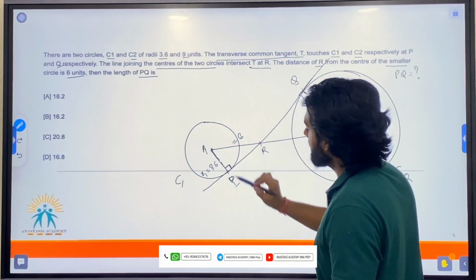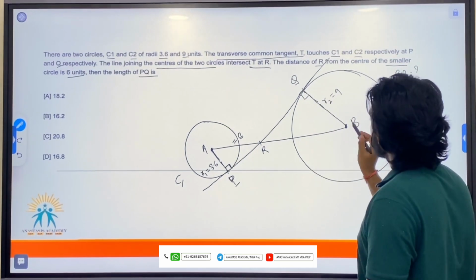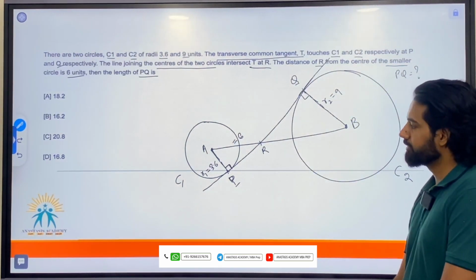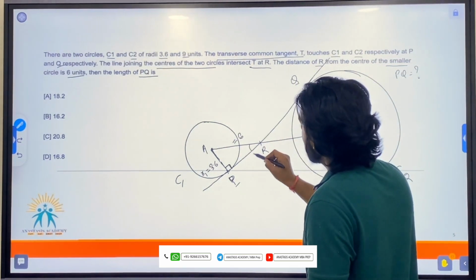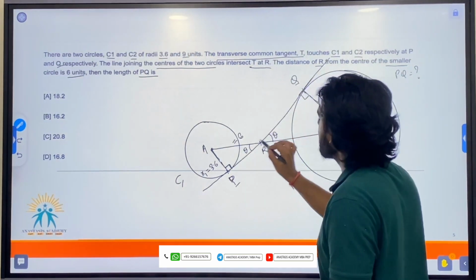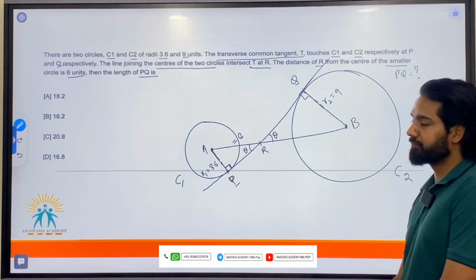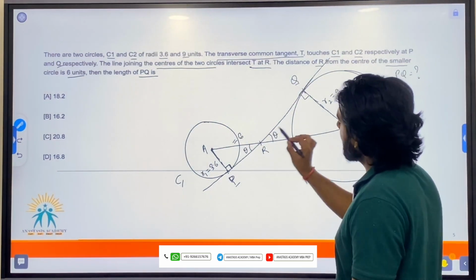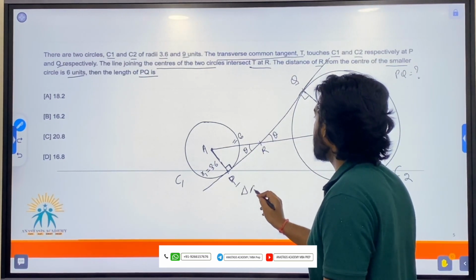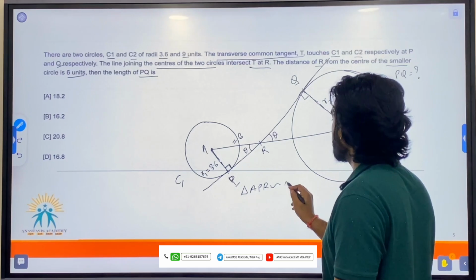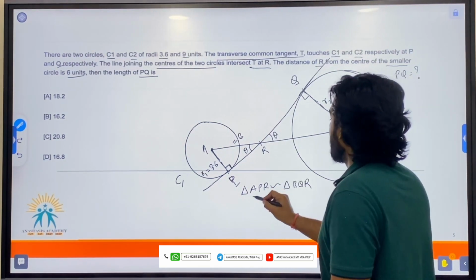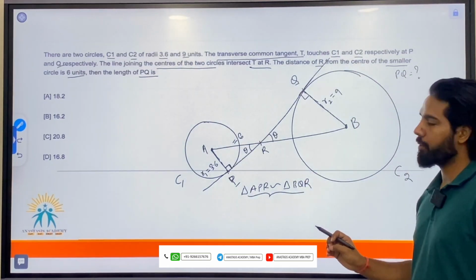This angle APR is 90 degrees. Similarly, this angle in triangle BQR is also 90 degrees. And this angle, let's just call it theta. It will be equal to this angle because these are vertically opposite angles. Two angles are equal in these two triangles, so we can say that triangle APR is similar to triangle BQR by the angle property.